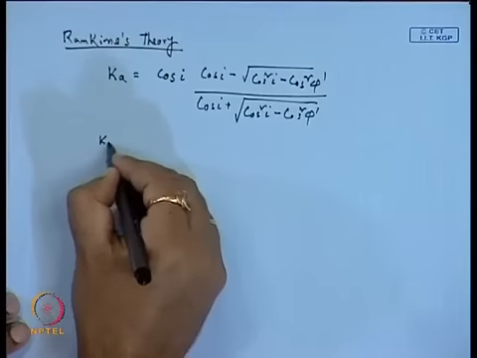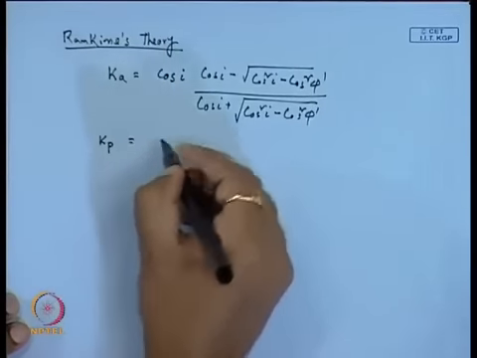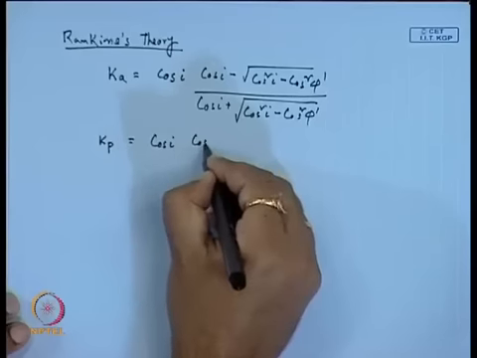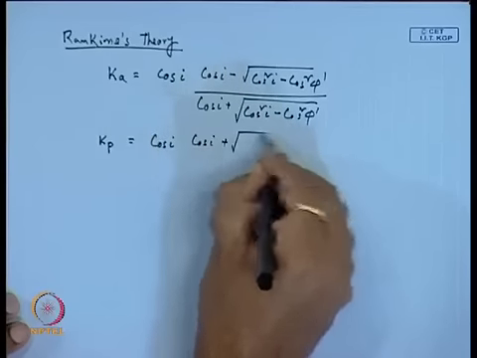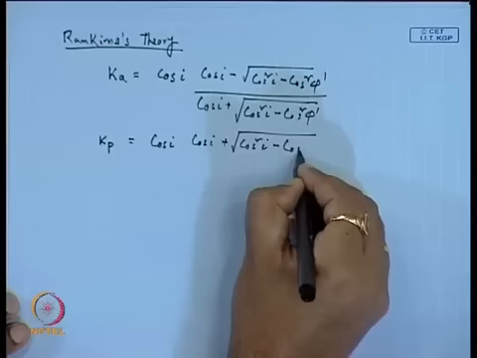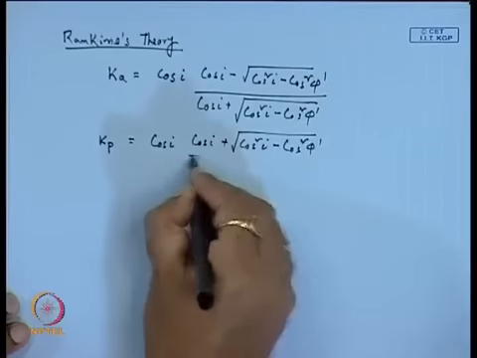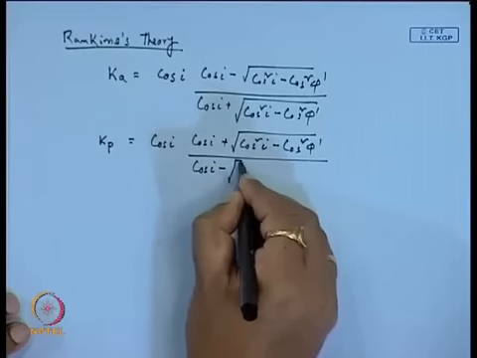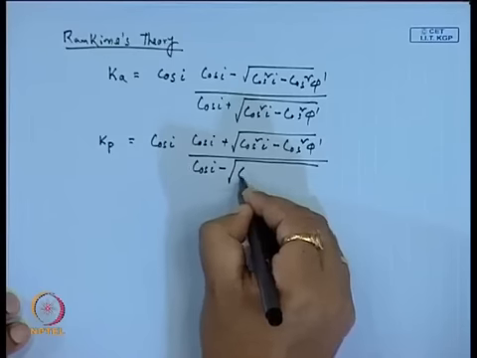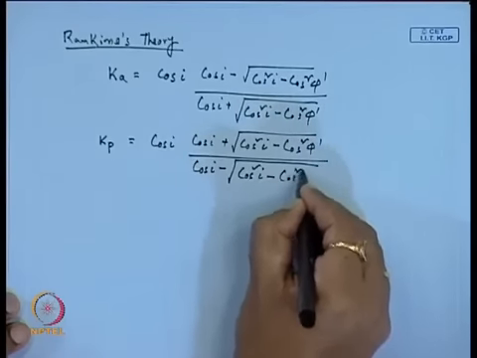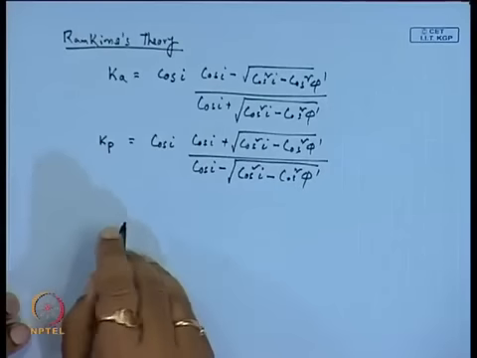For the passive earth pressure in the Rankine case, K P is cos I plus root over cos square I minus cos square phi dash, divided by cos I minus root over cos square I minus cos square phi dash.